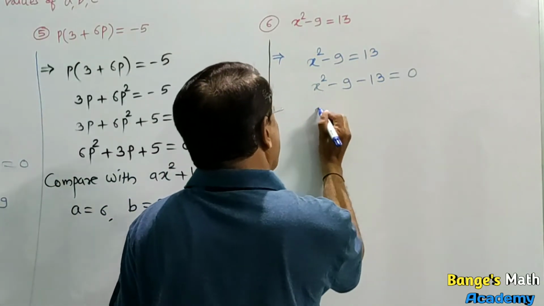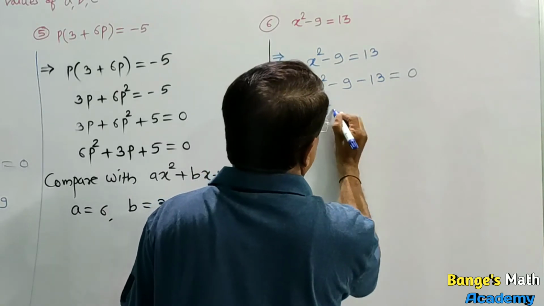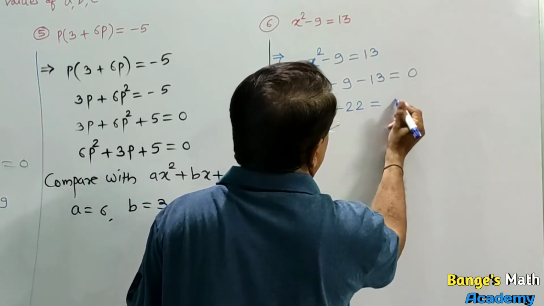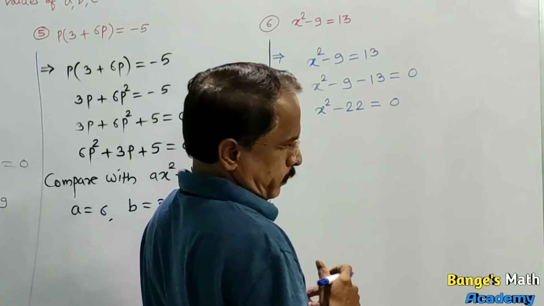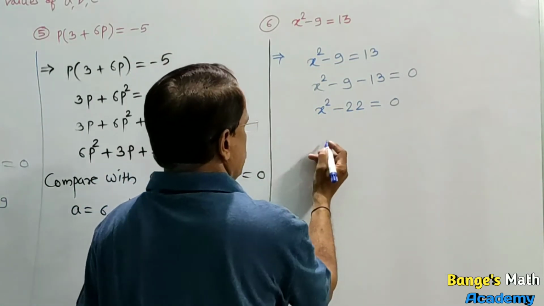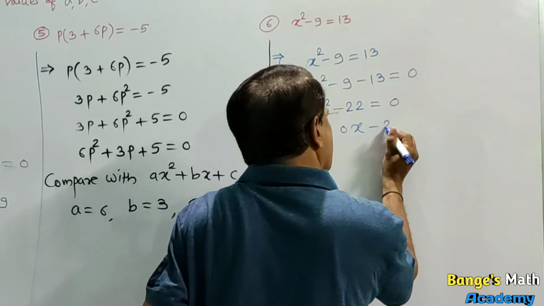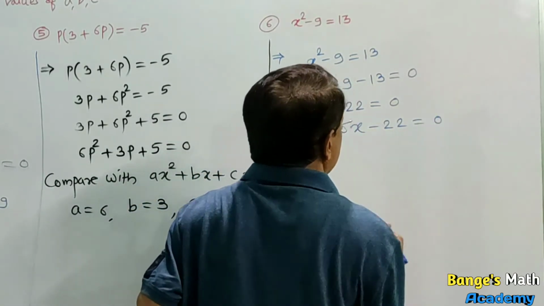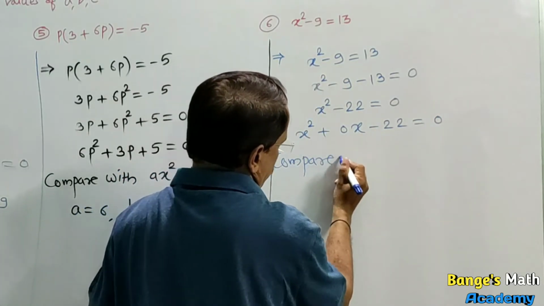Then x square minus 9 minus 13, minus 22, is equal to 0. See, in this equation the middle term is absent, so write in the standard form x square plus 0x minus 22 is equal to 0.